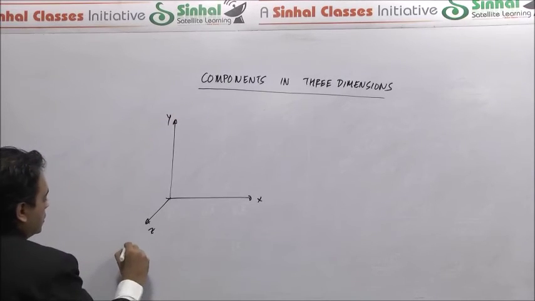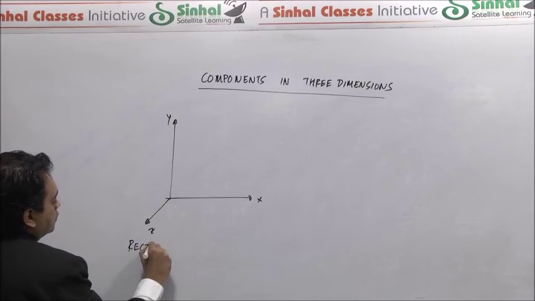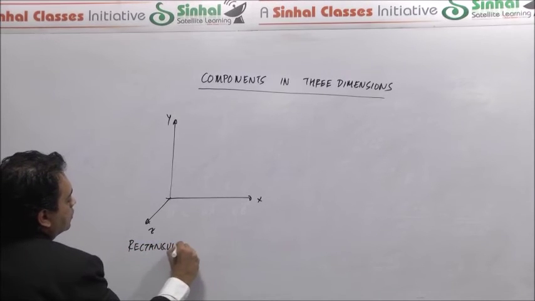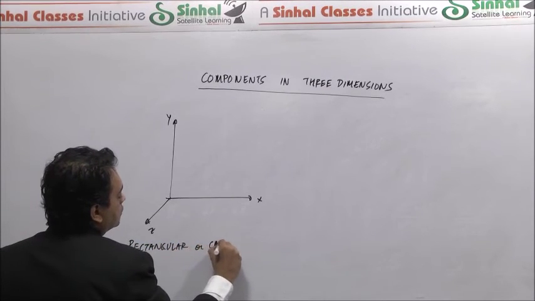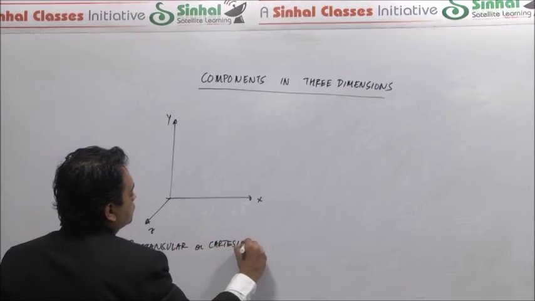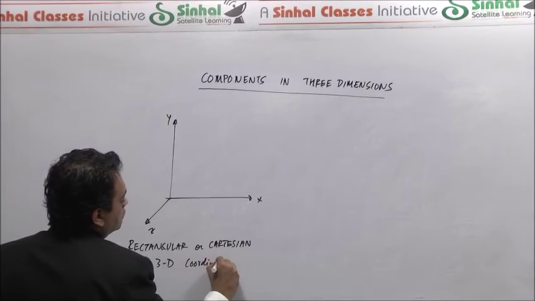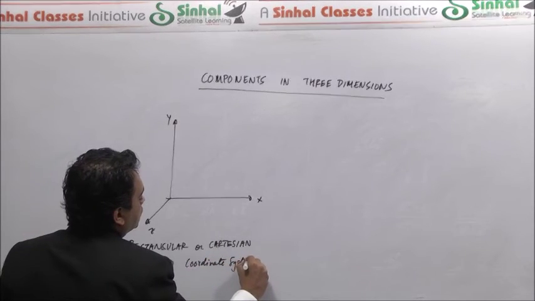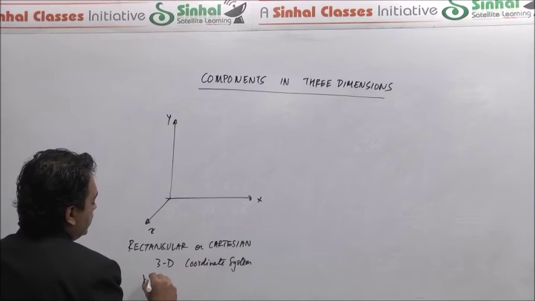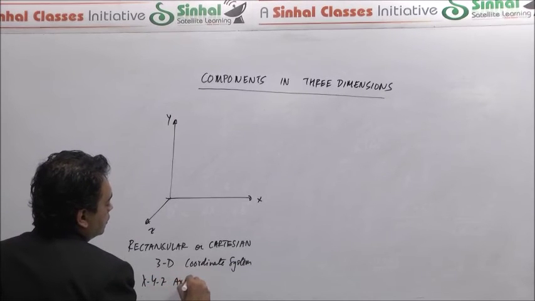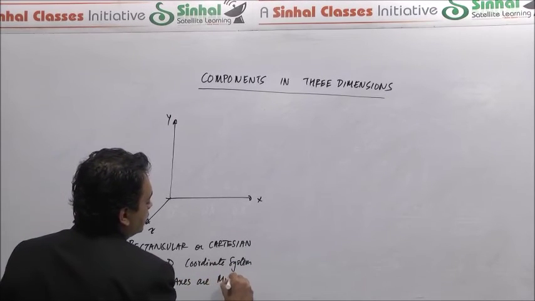As you can see, this is the rectangular or Cartesian 3-dimensional coordinate system. So x, y and z axes are mutually perpendicular.